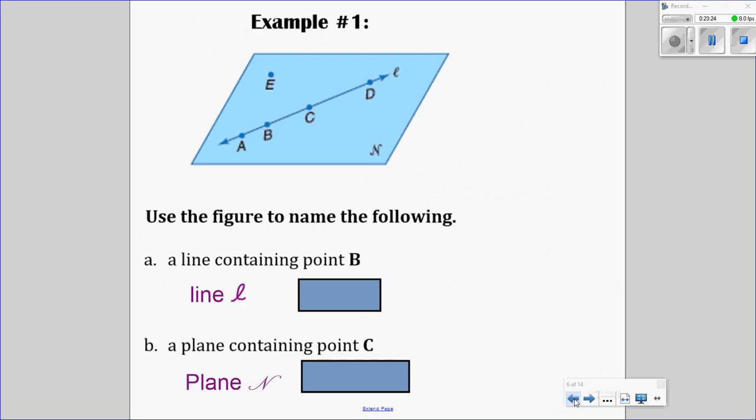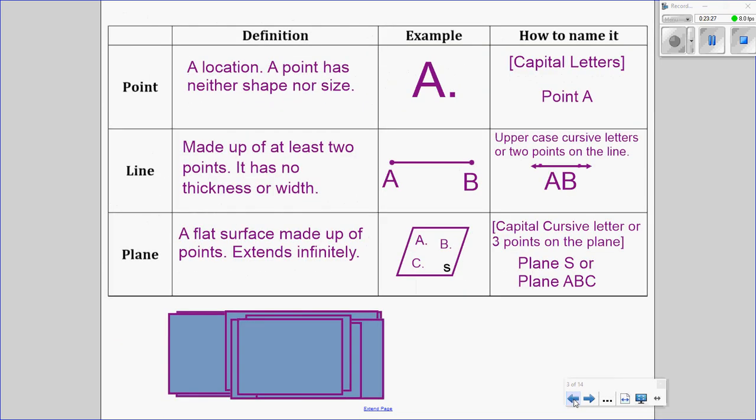All right, so let's review based on what we've learned for this lesson. We learned about point, line, and plane. A point is just like a dot on a graph or on a page, and it's labeled point A, or whatever letter. A line is made up of at least 2 points. If you do not have 2 points, then it's not a line. You need 2 points to make a line. And then you would have the symbol that shows arrowheads going in each direction because a line is continuous; it never stops unless you make it stop.